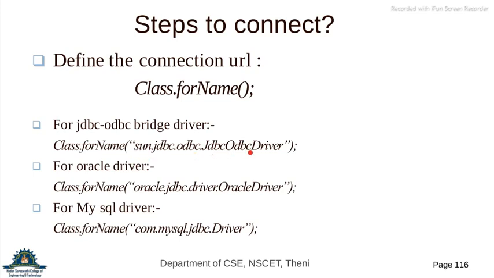You should not change this statement if you are connecting with Oracle or JDBC. Next, if you are connecting with Oracle, you have to use oracle.jdbc.driver.OracleDriver. If you are using MySQL, you have to use com.mysql.jdbc.Driver.